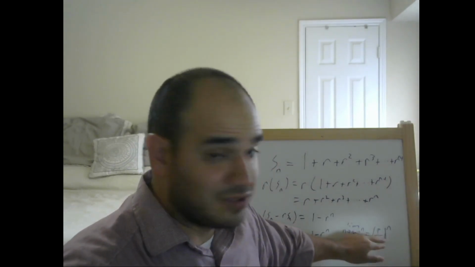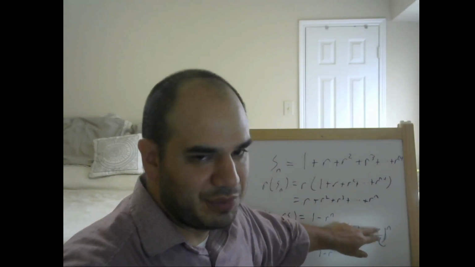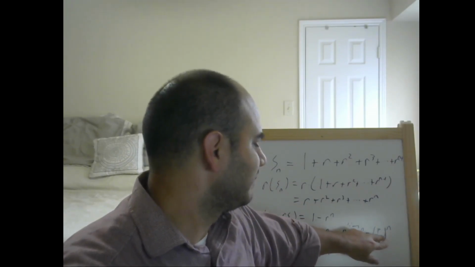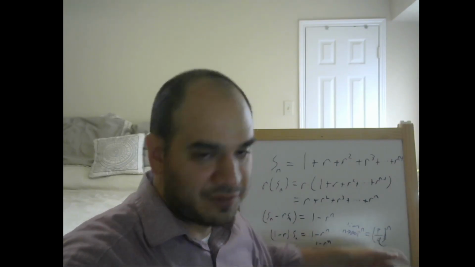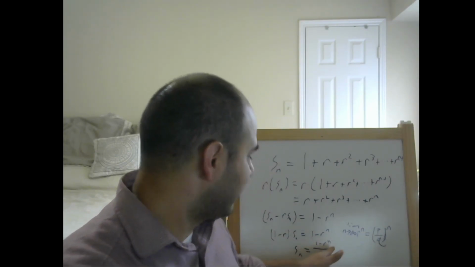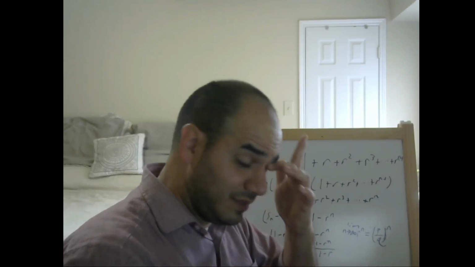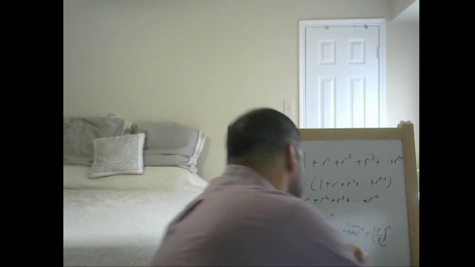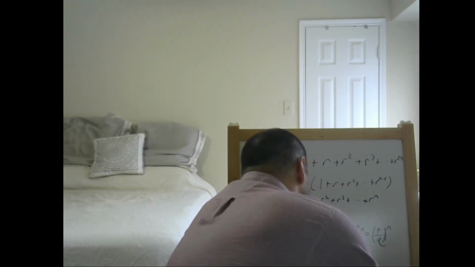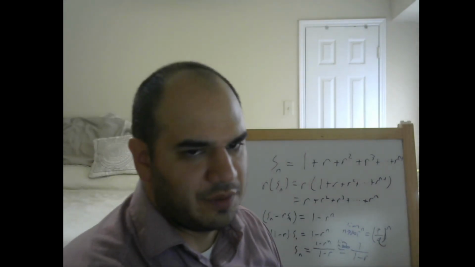Like, if r is written as some ratio p over q raised to some power, if p is less than q, then q is going to dwarf it, and that term will go to 0, and this disappears at the limit. So as n goes to infinity, this becomes 1 over 1 minus r.